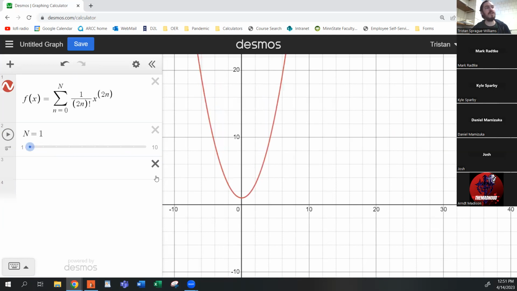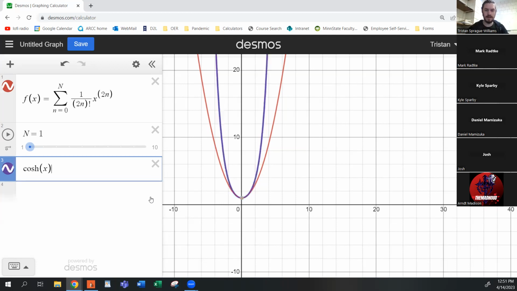So if this is just the even terms, what do you think you get for sinh? Just the odd terms, which suggests that if you get even terms for cosh and odd terms for sinh, and you add cosh plus sinh together, what do you get?